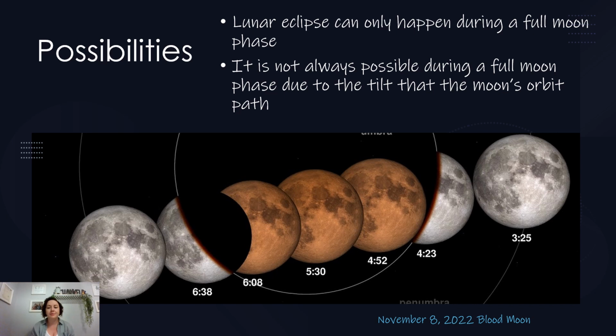So these are a little bit easier to view, except for the fact that it happens typically between midnight and 5 a.m. Just saying. But November 8th, 2022 is our next lunar eclipse, which is really, really cool. And these are ones, again, that typically you're able to just walk into your backyard and see what's going on.